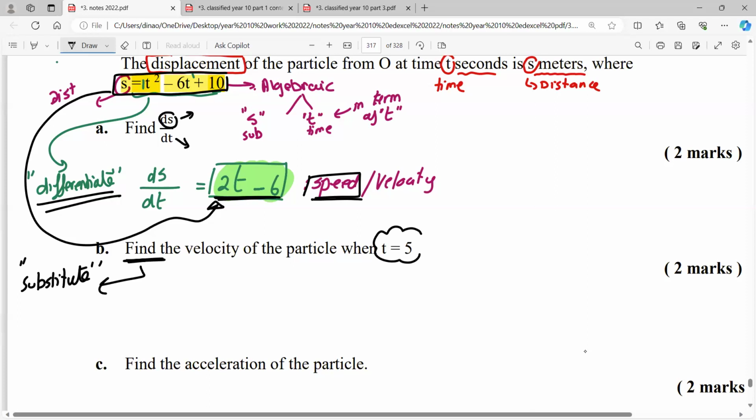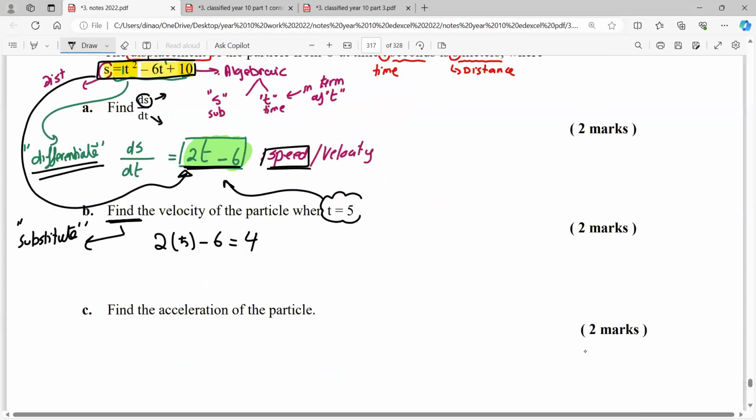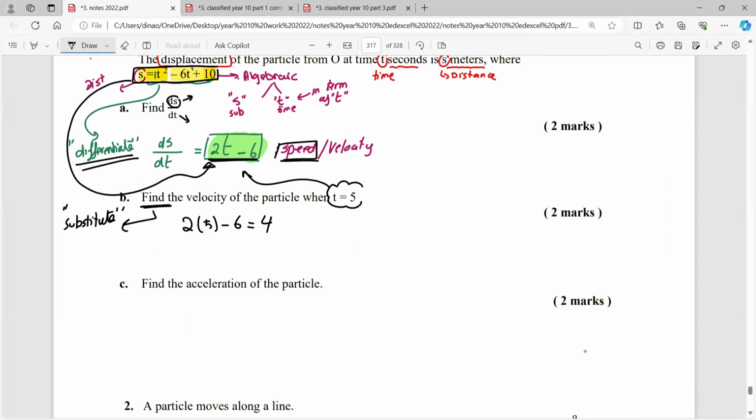Okay? I will substitute over here, so it will be 2 times 5 minus 6. 2 times 5 is 10. 10 minus 6 is 4. Substituting in the velocity, because it told me find the velocity. So let me just use the same highlighter. I will substitute in the green.